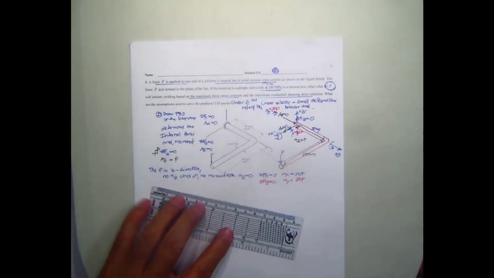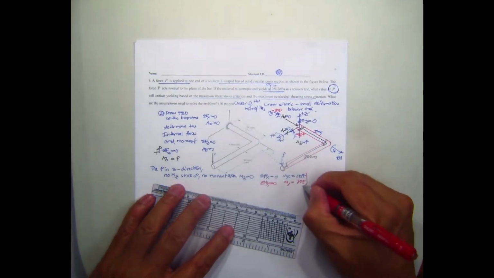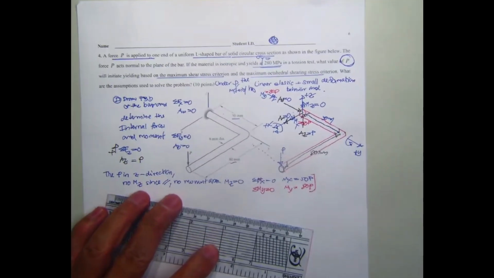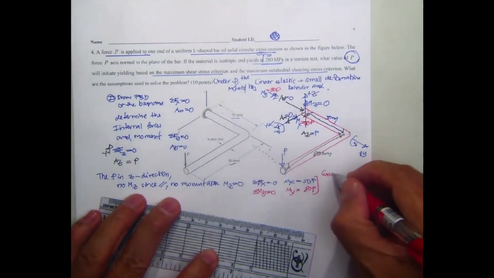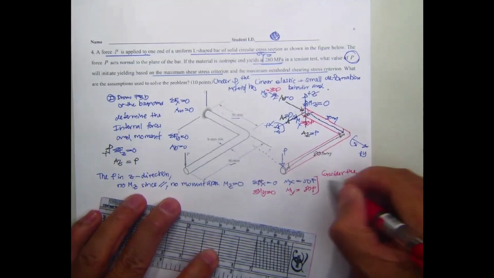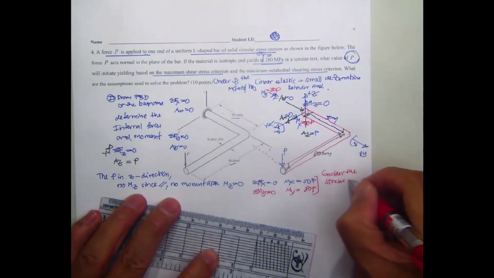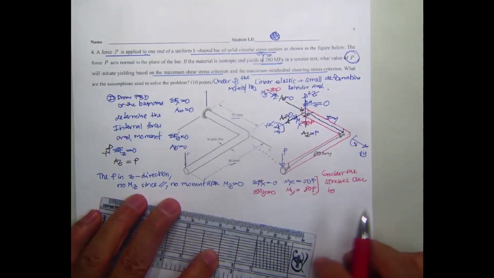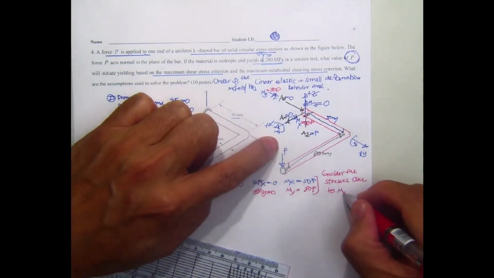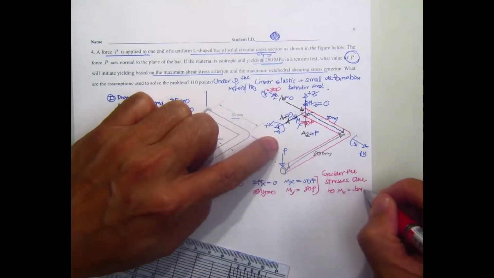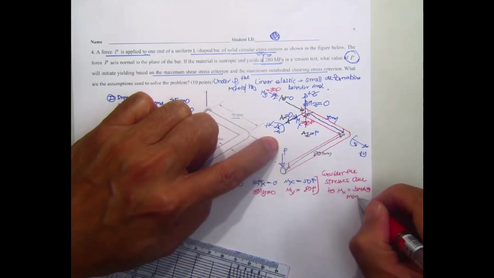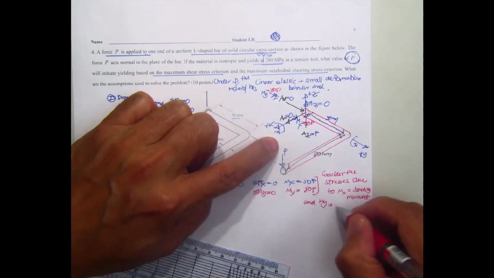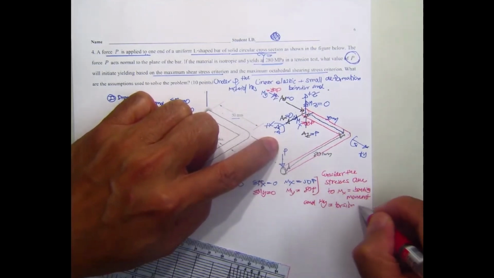Now, we have to consider the stresses due to the moment and torsion. M sub X is going to be the bending moment, and M sub Y will be equal to torsion.